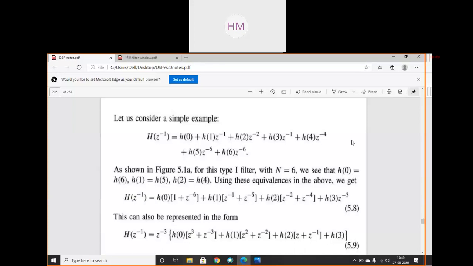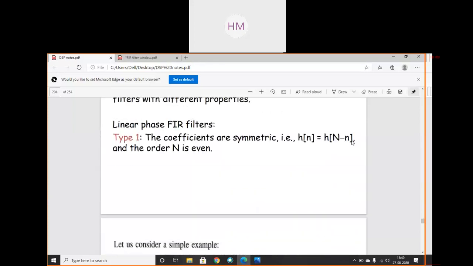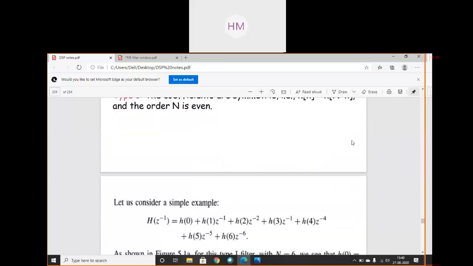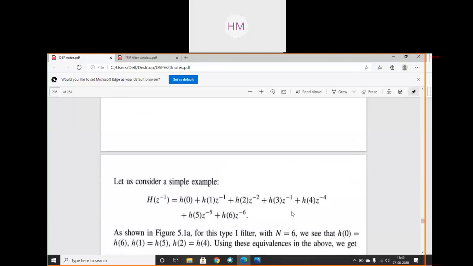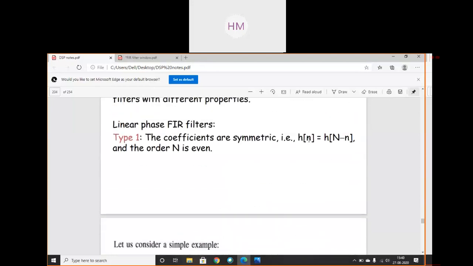See what happens, what is the condition, N - n. What is capital N here? Capital N is 6. Now what I will do, small n: if h(0), n is 0, capital N is 6. 6 minus 0 will be 6. So what I will say is that h(0) is equal to h(6). So the coefficients at the output are symmetric.